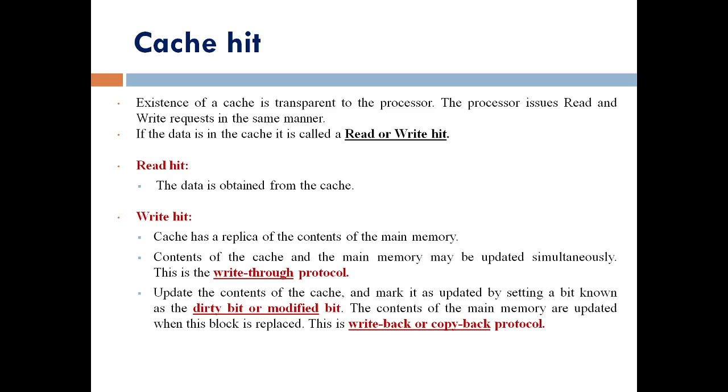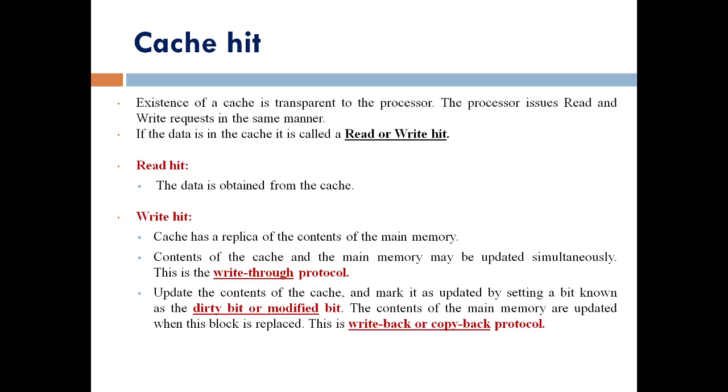So in this second approach, first the contents of the cache will be modified and it will set the modified bit as dirty. Then later the contents of the main memory are updated when this block is replaced. That is done by using the write back protocol.